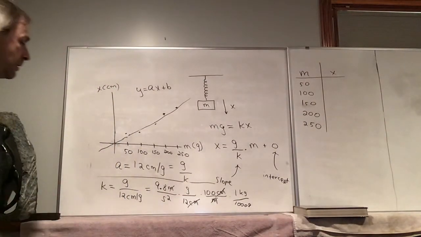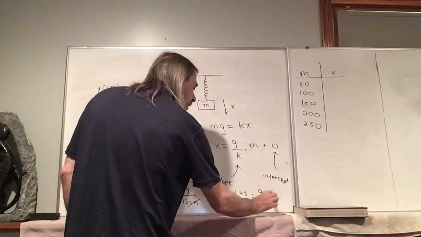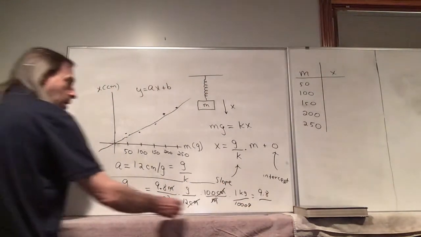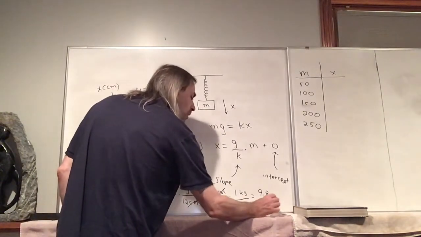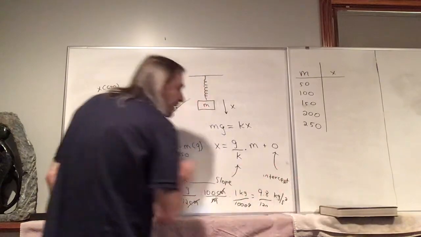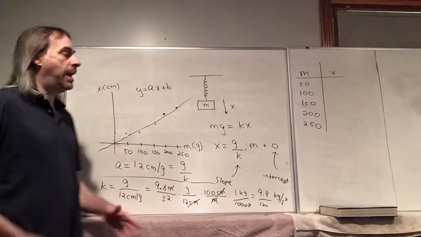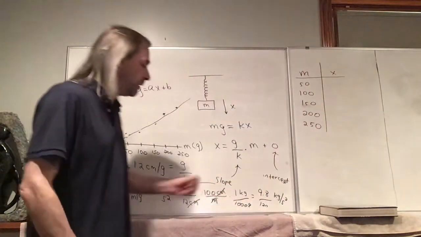So anyways, numerically we'd have 9.8 over 120, and that would be kilograms per second squared. And so that's how we used all of our data to get this result.